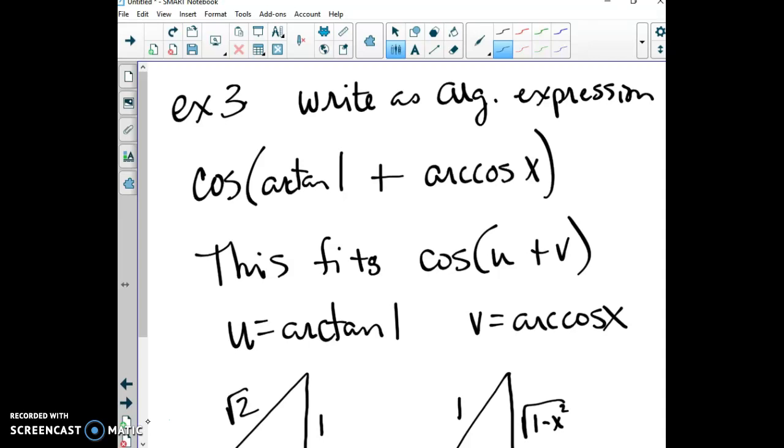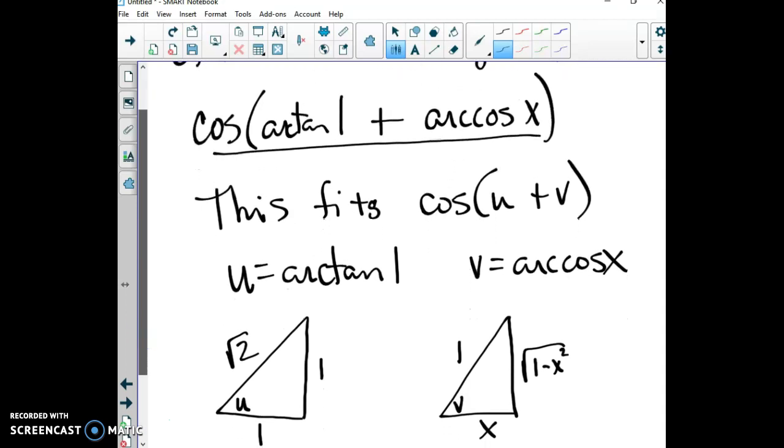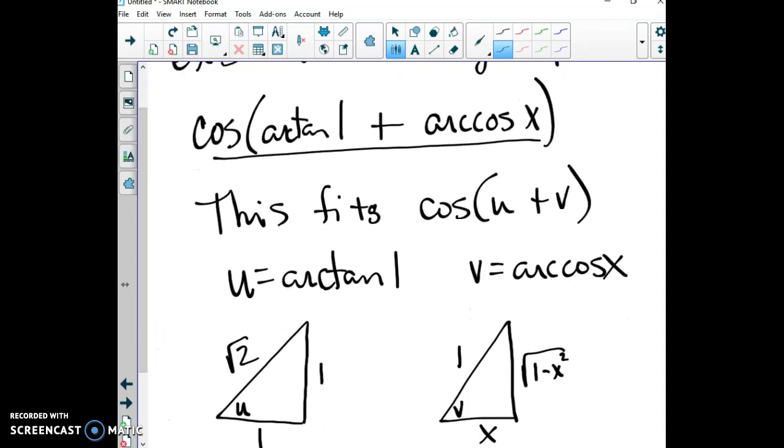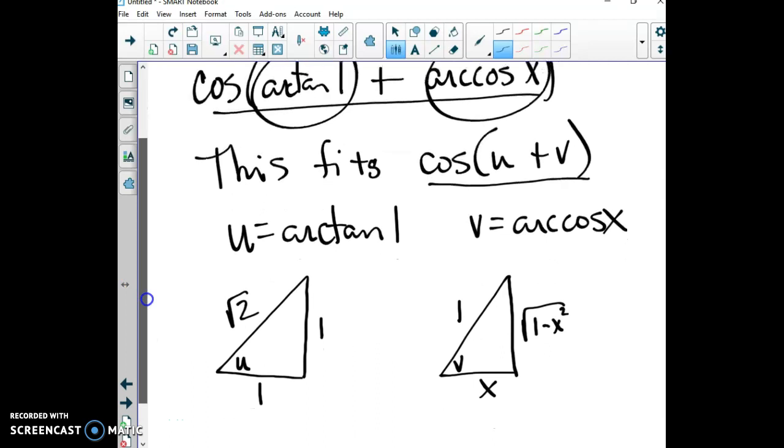It says to write this as an algebraic expression. Well, let's go back to our inverse tangent and cosine, and all of our inverse trig functions. We see that this fits cosine of u plus v, so we can name u as the arctangent of 1. Let u be the angle. The tangent of this angle is 1.